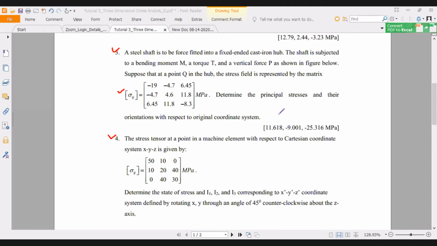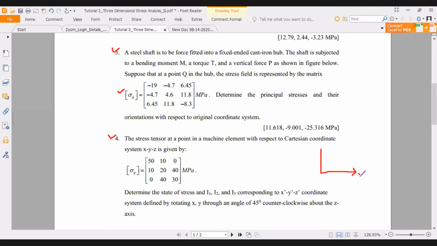Okay, correct. These are the stress invariants. Okay, so have you understood how this x dash, y dash, z dash relates to the original x, y, z? Actually, let me draw this first.